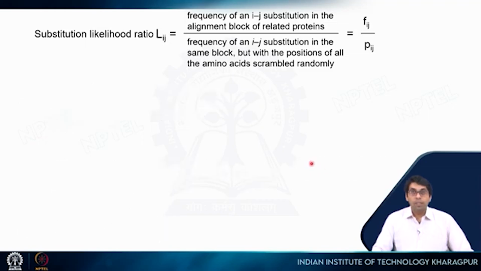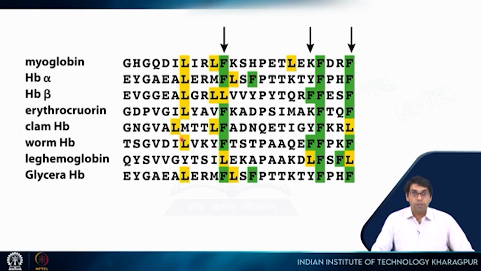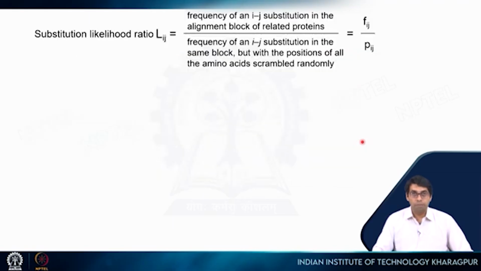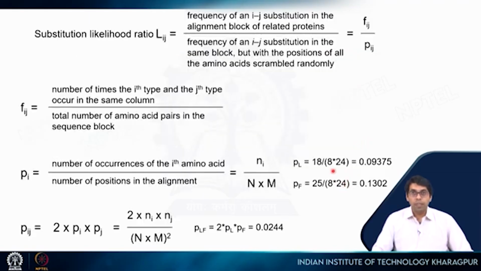If I count here, you will see it shows up 18 times. And what about phenylalanine? It shows up 25 times. So, these numbers are given here. So, 18 divided by 8 times 24 and 25 divided by 8 times 24. So, the denominator is exactly the same and you get these two numbers, right. Those two multiplied by 2, you get this PLF, which is the denominator. Now, we have to calculate the numerator, which is this F.